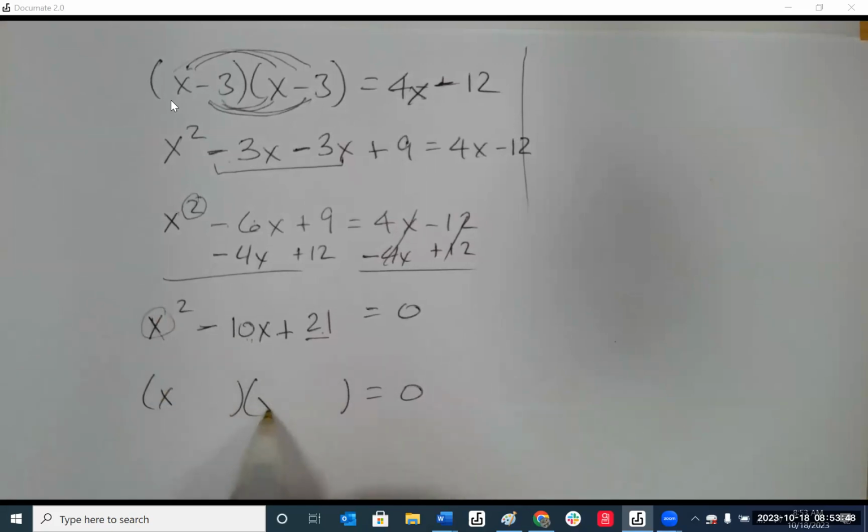So we got x's. The second sign's a plus, so they're the same. They're both going to be minus. And it's 7 times 3. Set both of those equal to 0.